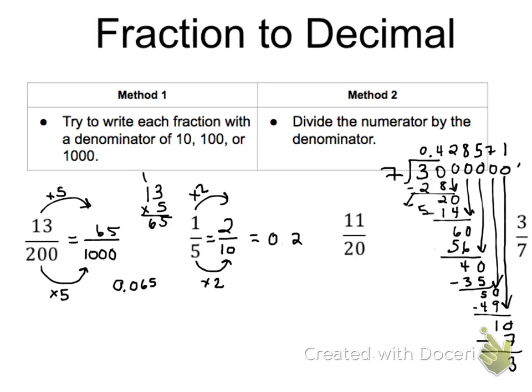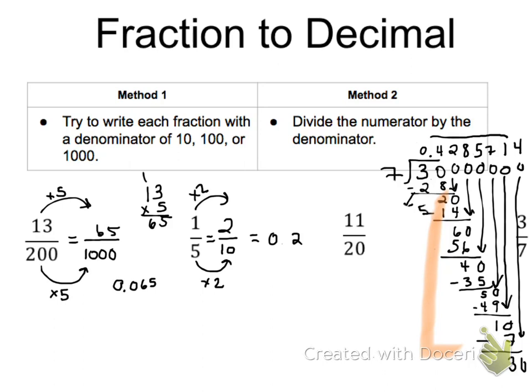I add a 0 and I bring it down. How many times can 7 go into 30? It goes in 4 times. 4 times 7 is 28, and I would subtract it and get a 2, and it will go through this whole process again. So that means that this is a repeating decimal, and I'd put the line across the top like that.